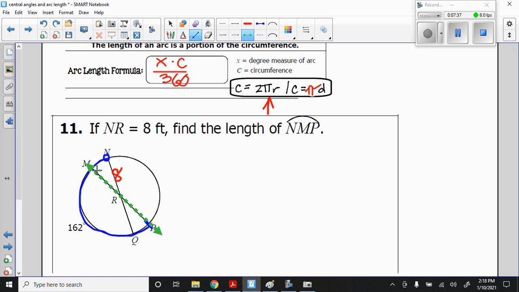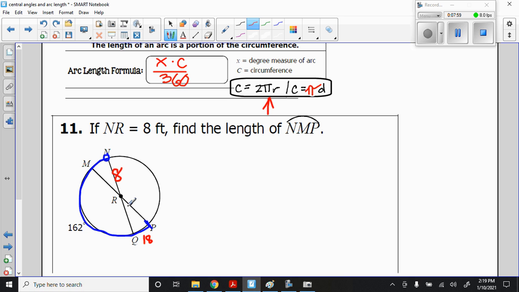See, this is a half circle we can work with right here with this 162. So if I recognize this diameter and I see this 162 here, I can recognize this portion as just being the 18 measurement. That's a measure, it's not a length. So that would be 18 to make the 180.